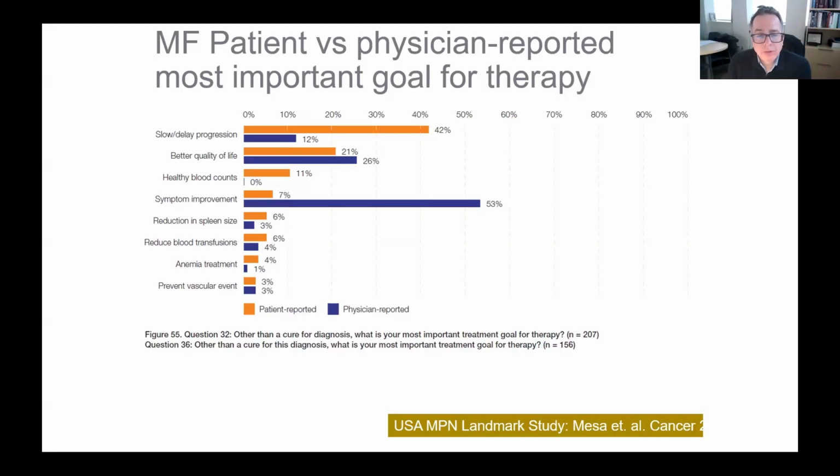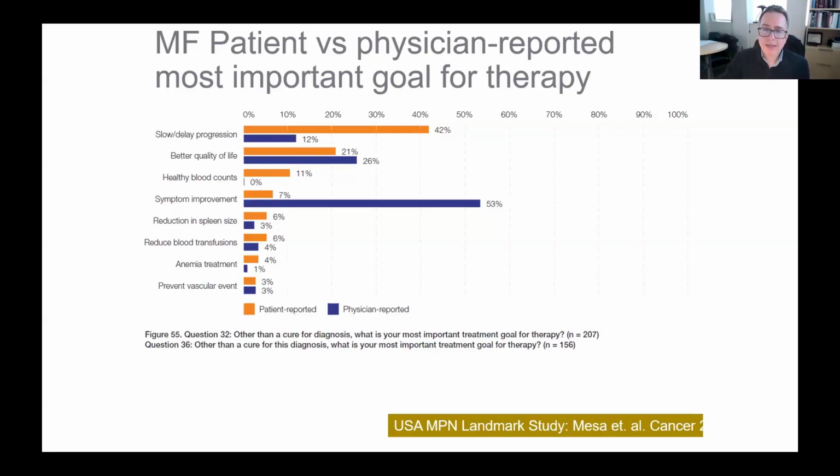But what was totally mind-blowing to me, and I had not really appreciated it, was if you looked at patients, and this is a cohort of 207 patients, what they ranked as most important was slowing and delaying progression of disease, 42%, versus in blue, what physicians reported as most important at 12%. What physicians thought was most important was addressing symptoms, 53%, where only 7% of patients in this survey reported it.